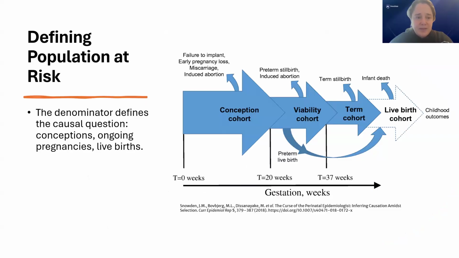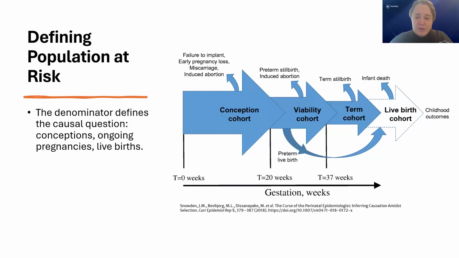So when you're defining your population at risk, you define that denominator, and that really defines your causal question. One of the most critical steps of perinatal epidemiology is clearly defining the population at risk. This figure here emphasizes that selection can happen even before you measure exposures or outcomes.